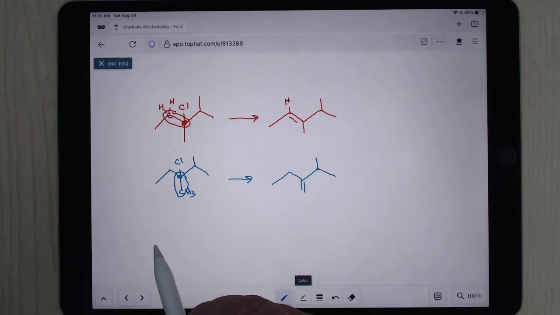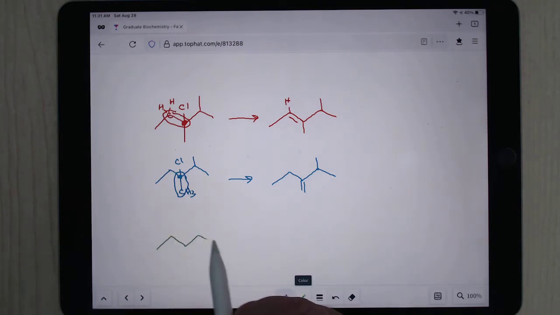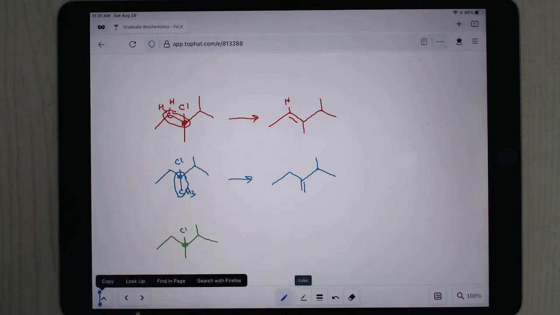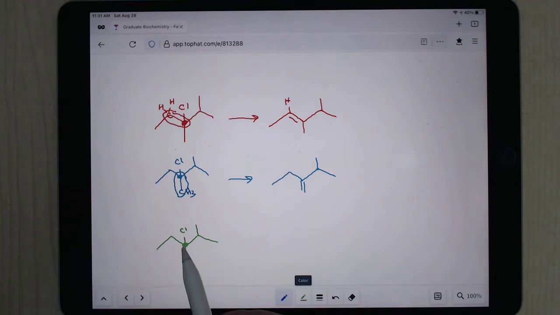And then finally, we can also, so that's where the original, this has the leaving group, so now we're going to look at this one. And this carbon has 3 bonds, so there's 1 hydrogen on there, so that's fine. Okay.